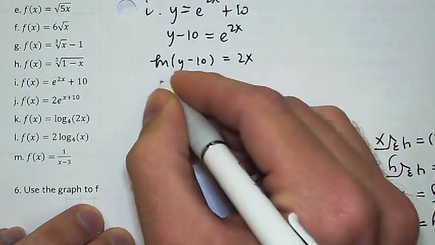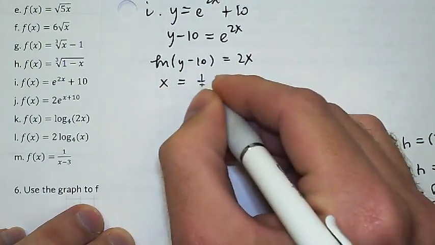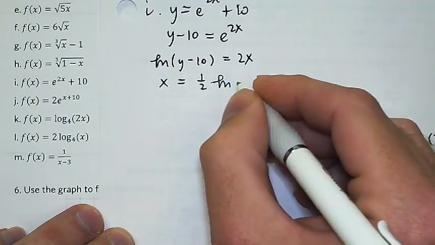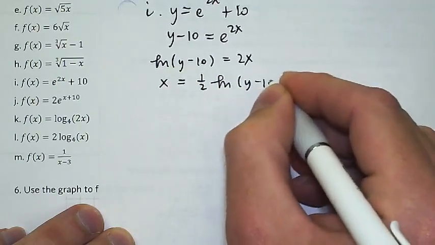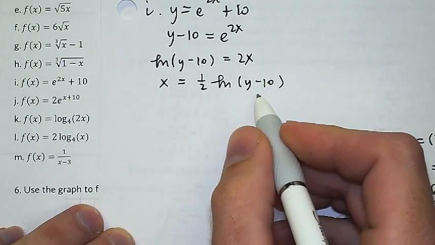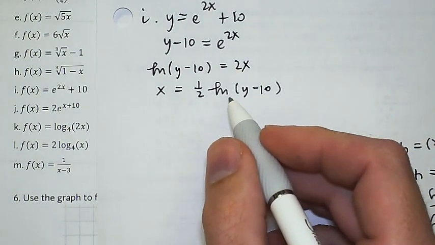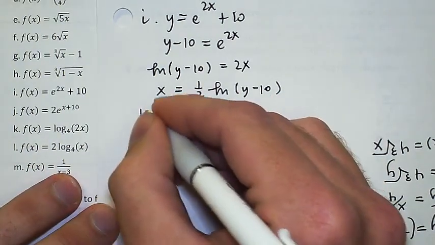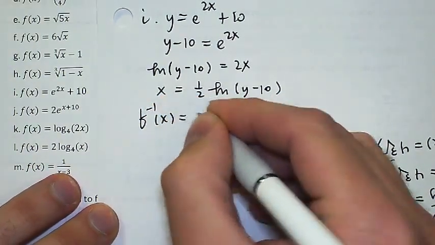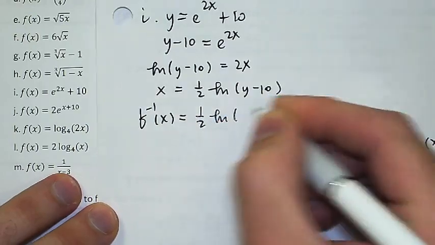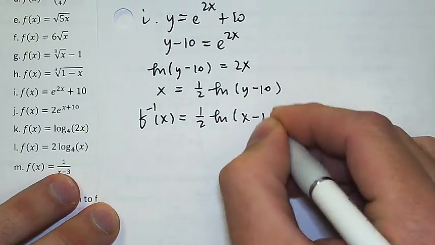And then to solve for x, I will divide both sides by 2. And like, yes, you could say that this is the natural log of the square root of y minus 10, but you wouldn't be any more right. Okay, so I'm going to recommend you not do a whole bunch of simplifying on this when we're just trying to write an equation for f inverse of x that would work. That's just going to be 1/2 of the natural log, instead of y minus 10, x minus 10.